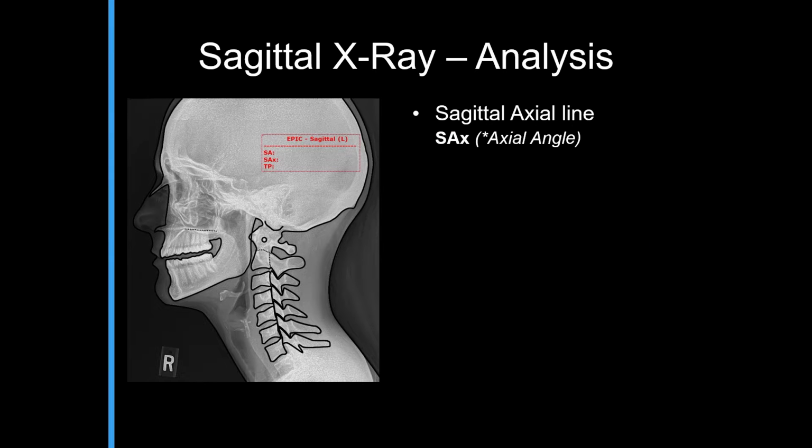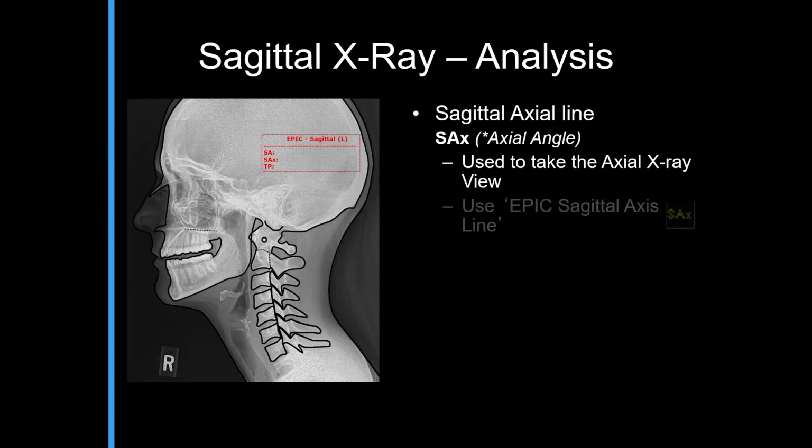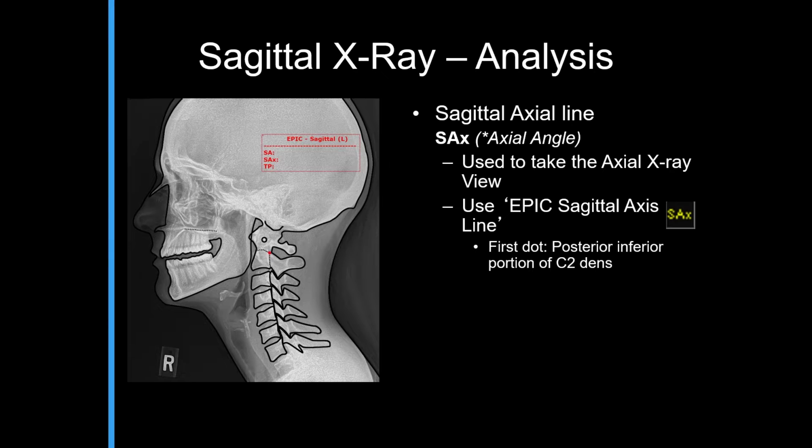As far as the SAX, or the sagittal axial line, it used to be termed the axial angle. We use that for the axial x-ray. I'll explain why we do that later. So we place down, or use this tool right here, which is the Epic Sagittal Axis line. We place two different dots. The first dot goes to the posterior inferior portion of C2 dens.